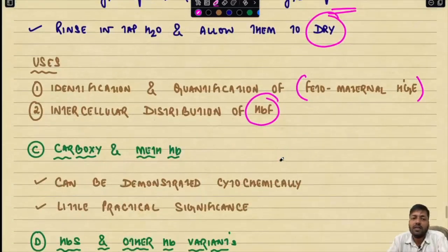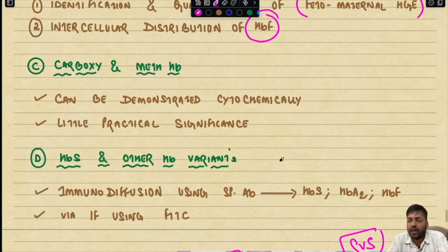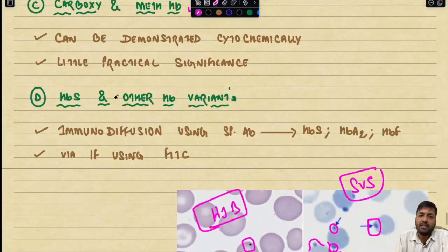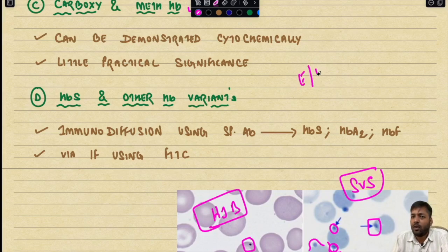Next we are going to see how we can cytochemically characterize the presence of carboxy and methemoglobin. But remember, though they can be demonstrated cytochemically, their demonstration is of little practical significance now, so they are not carried out. For HbS and other hemoglobin variants also, cytochemical analysis is not involved, because most of them are now detected with the help of either electrophoresis or HPLC.